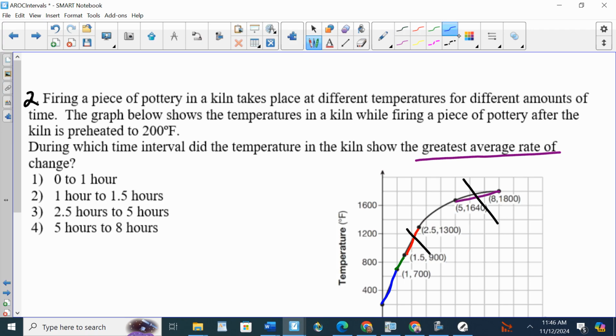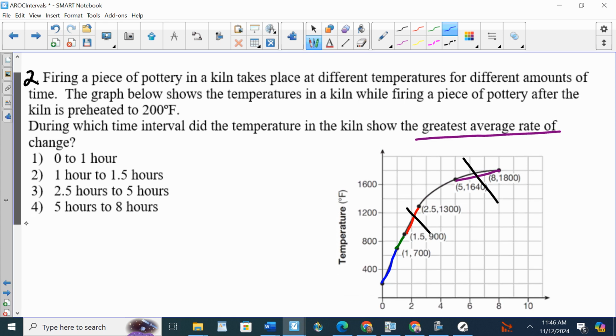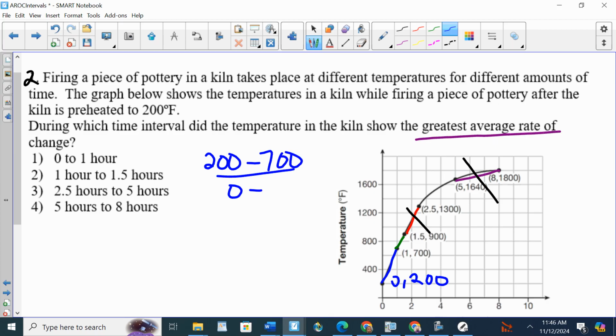So the blue, this point right here is 0, 200. So for the blue, y2 minus y1 over x2 minus x1.